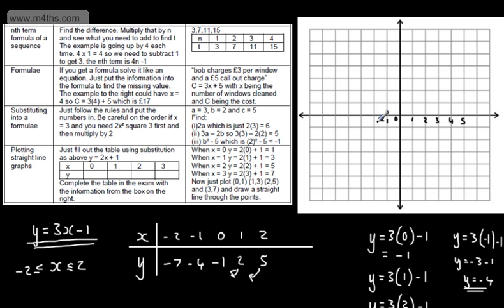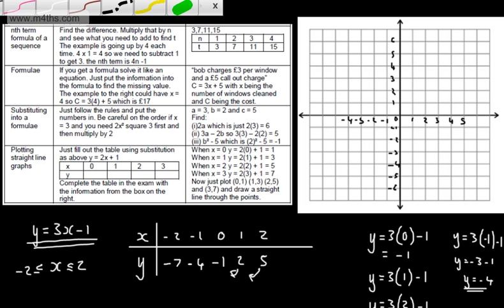We've got -1, -2, -3, -4. We've got 1, 2, 3, 4, 5, 6, and then we've got these. These will generally be labelled. So -3, -4, -5, -6, and so on and so forth. Now all we need to do is plot at least 2 points. Your graph should be a straight line. So let's start here.